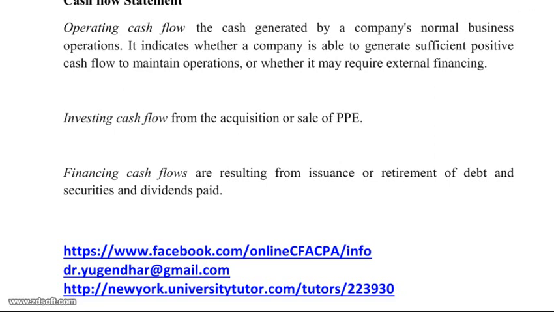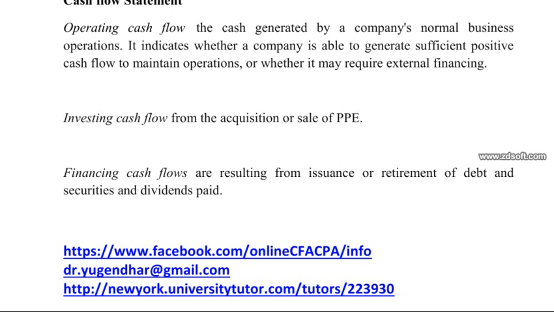If the plant and equipment is not good, then it is not possible to produce the goods and services. It is not possible to sell in the market. So the operations will stop. So investing activity is also very important. Here only the sources and uses will be identified by the users, evaluators, analysts.